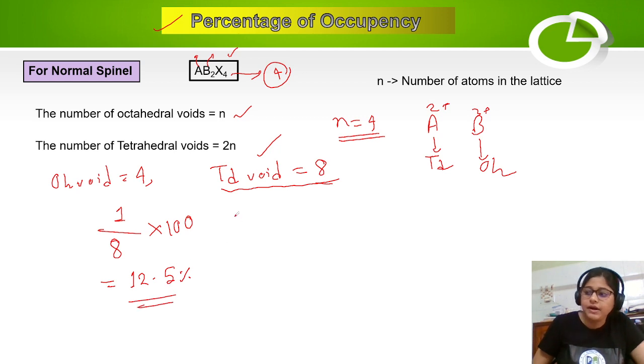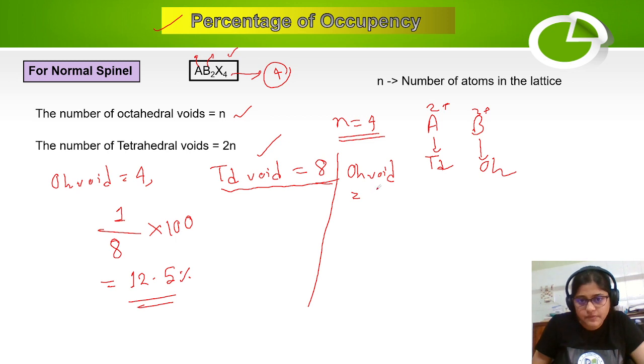Okay, I have talked about the case of tetrahedral void, but the octahedral void is the same. 4 octahedral voids are present, and the cations are 2, because a 1:2 ratio is maintained between A and B. So here we find the occupancy for each void. The 3+ cations are among the 4 octahedral voids.